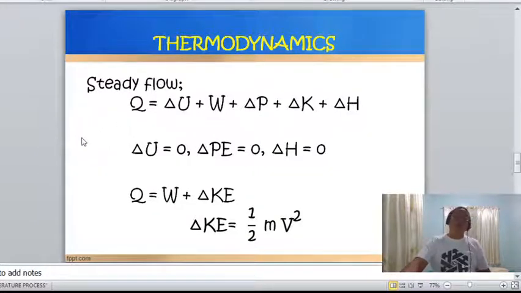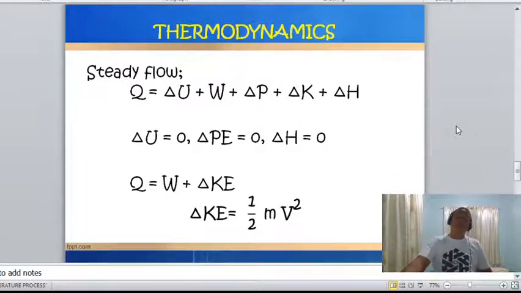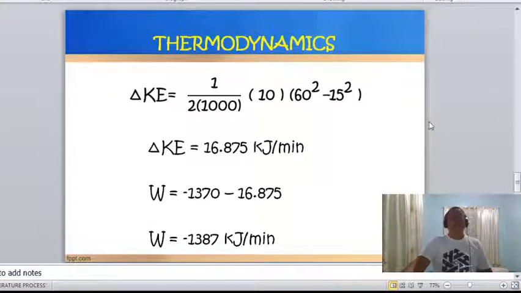Since velocities are already given, we can compute the change in kinetic energy. That is 1 over 2 multiplied by 1,000 multiplied by 10 multiplied by the change in velocity, 60 meter per second squared minus 15 squared. The change in kinetic energy is equal to 16.875 kilojoules per minute.